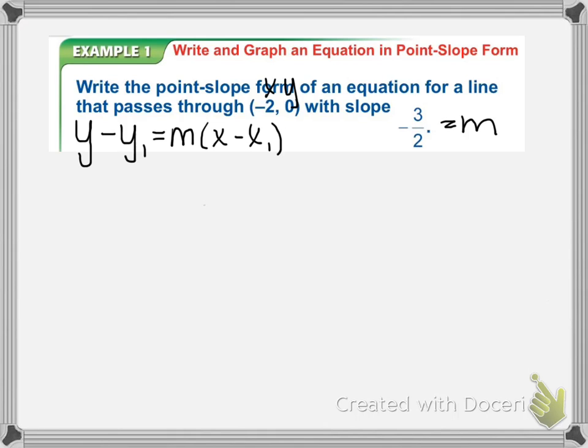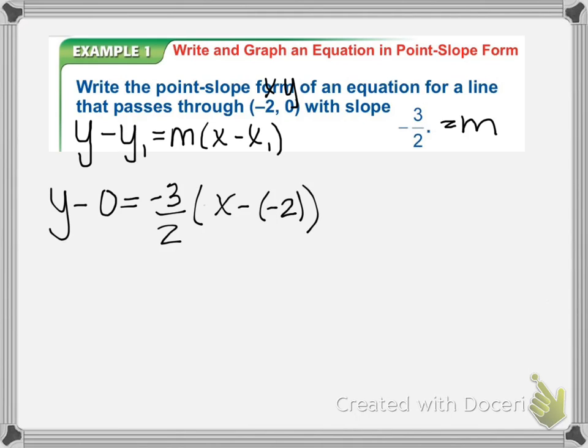So you start with your formula, and then you start plugging in. So y minus your y value, which is 0, equals m, which is negative 3 over 2, times x minus, and then your x value, which is negative 2. Now all you have to do from here is simplify your signs.